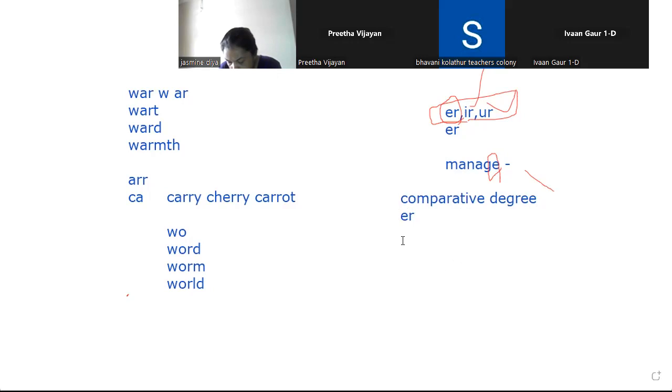And we know that when we put this ER on a CVC word, the last consonant gets doubled, like in the word chopper. So ER is usual after the doubled consonant. When you have a doubled consonant, then it is ER.